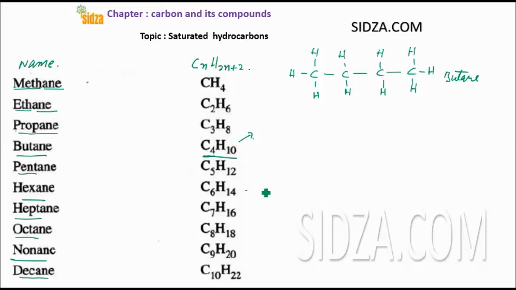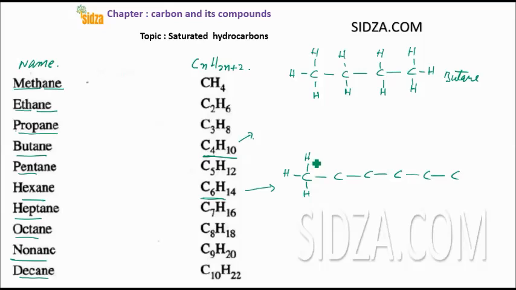Similarly, if you want to draw the structure of hexane, there are 6 carbon atoms, so I'm going to draw the 6 carbon atoms first. 1, 2, 3, 4, 5, and 6. It belongs to the alkane family, so there are only carbon-carbon single bonds. And now the valencies will be filled by adding hydrogen. The terminal carbon has 1 valency complete, so it needs 3 more hydrogen atoms, right? So I'm going to add 3 hydrogen atoms on the terminal carbon.